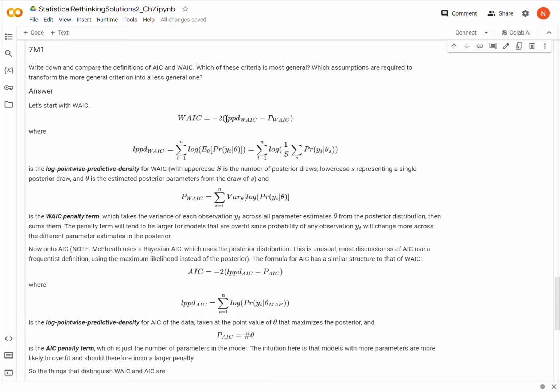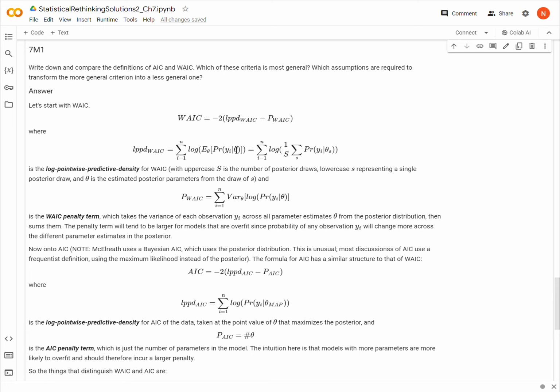And now the LPPD for WAIC is given here. And roughly what is happening is for every data point, y sub i, we try to find the posterior probability of that data point given a particular draw from our posterior distribution, from the parameter values of our posterior distribution.